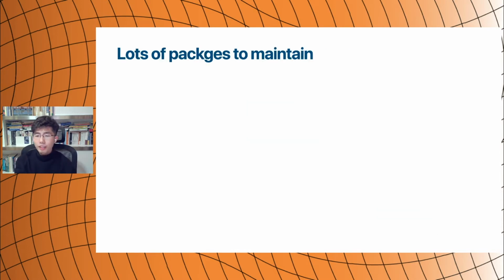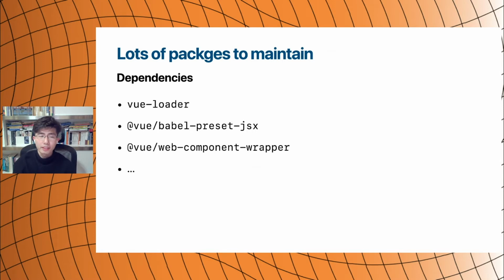So for all those features included, we now have a whole lot of packages to maintain. The direct dependencies in the Vue ecosystem are Vue Loader, and we have the Babel preset and plugin for JSX support. And for some of you, you might need to build your Vue component into a web component.